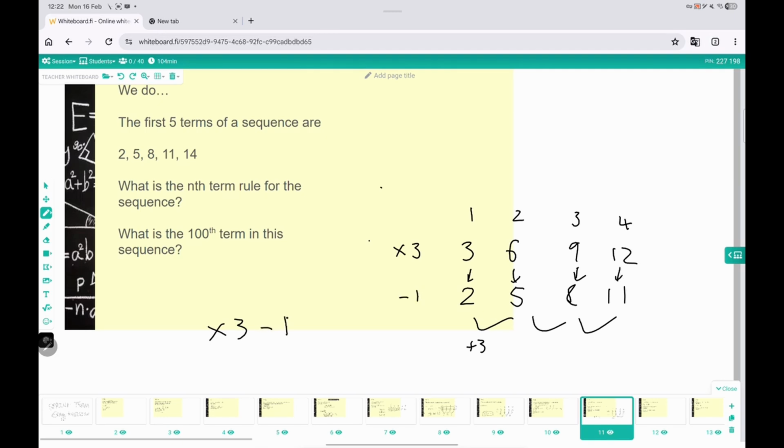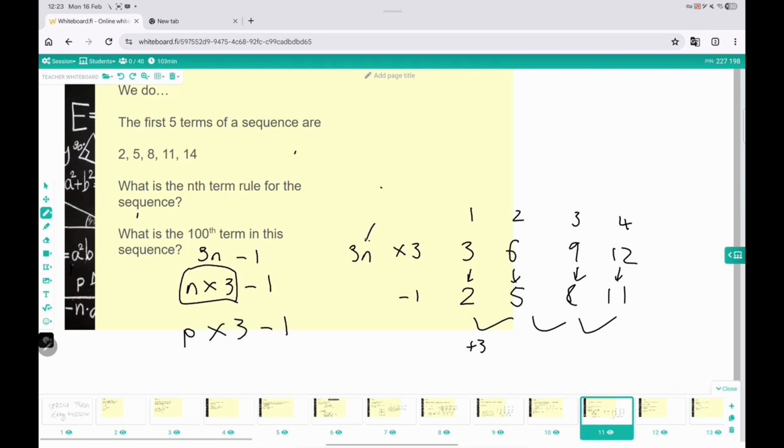Now some teachers will actually get you to write, and I know I do, 3n at this point, and we'll come back to that later. But anyway, our position number we times by 3 and minus 1. Remember, with nth term we use n to represent our position, so it's n times 3 minus 1. If we're turning this into a proper algebraic expression, this needs to be turned into 3n, so 3n minus 1.